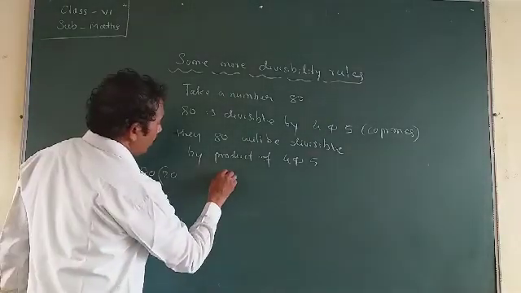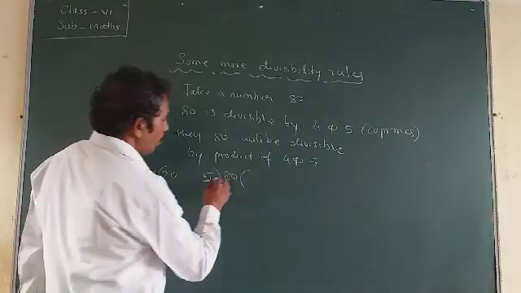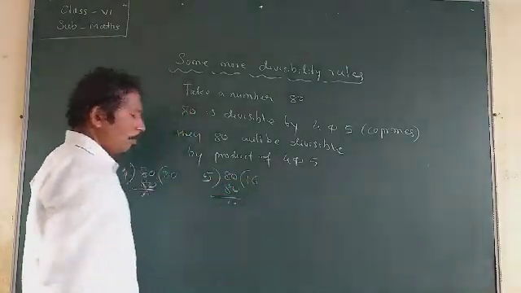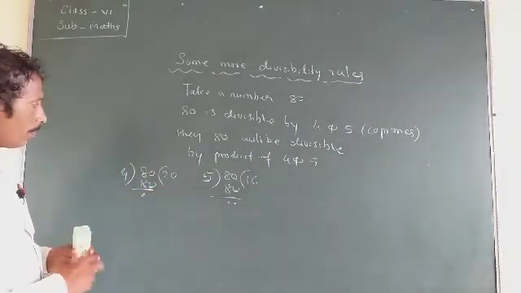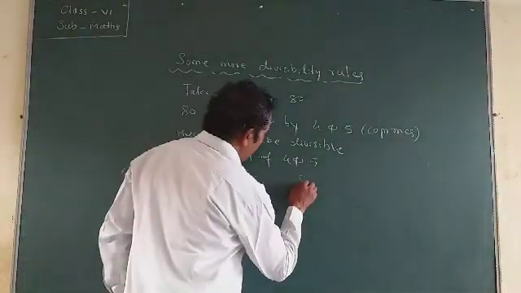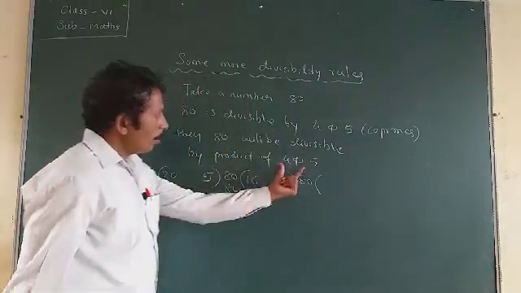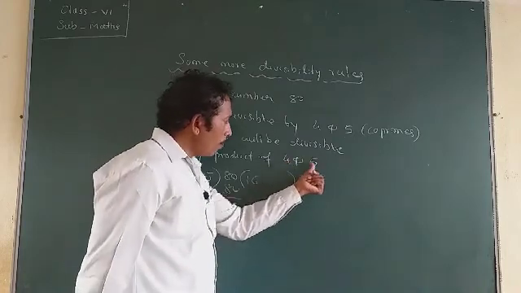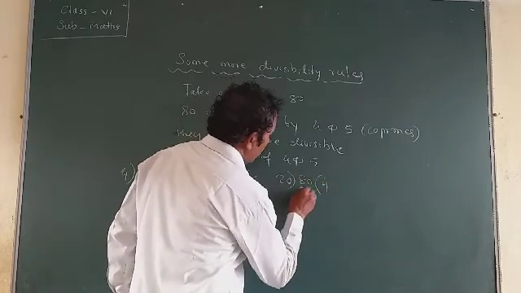Then similarly 80 is also divisible by 5, 5 16s are 80. Now 4 and 5 are co-prime numbers. The same number 80 will be divisible by the product of 4 and 5. The product of 4 and 5 is 20, and 20 4s are 80.